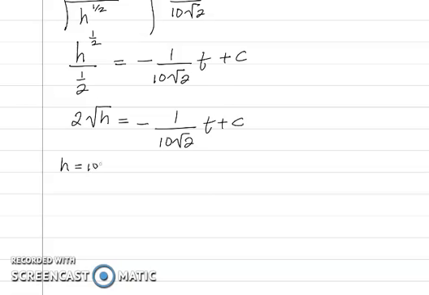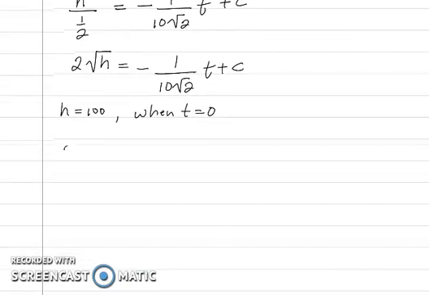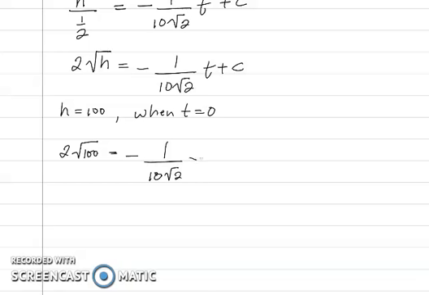So this is 2 times the root of 100 is equal to minus 1 over 10 times the root of 2 times 0 plus c. Now the root of 100 is 10. 10 times 2 is 20. So c is equal to 20.